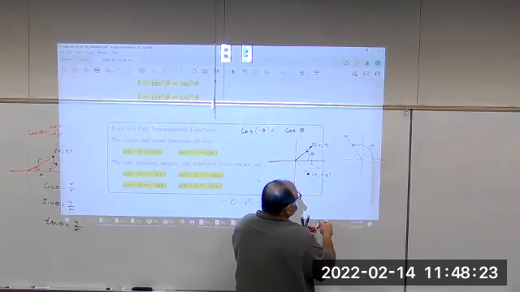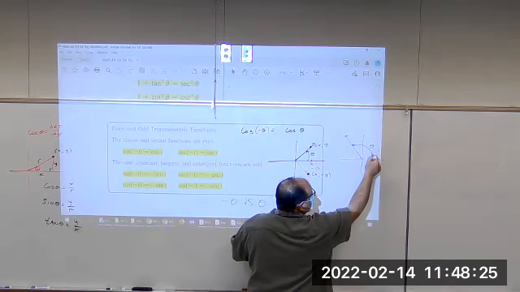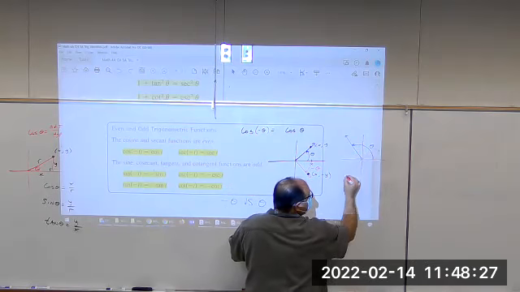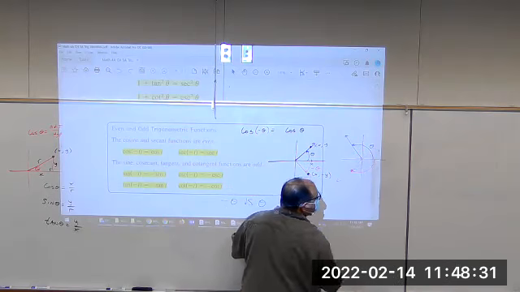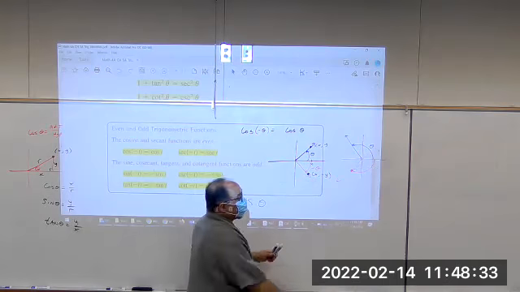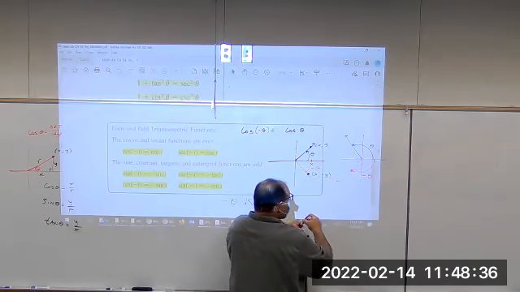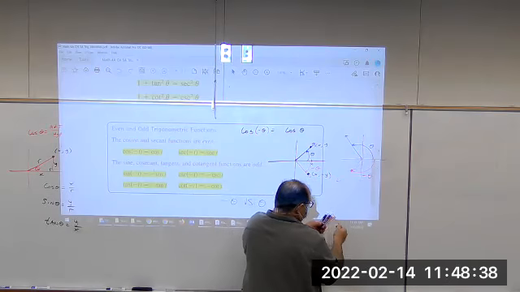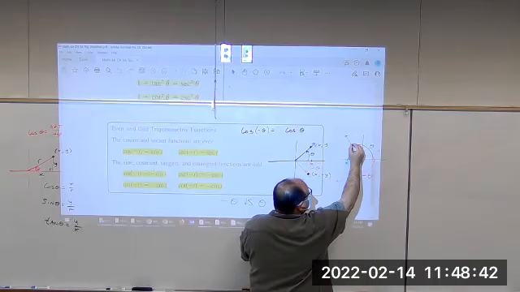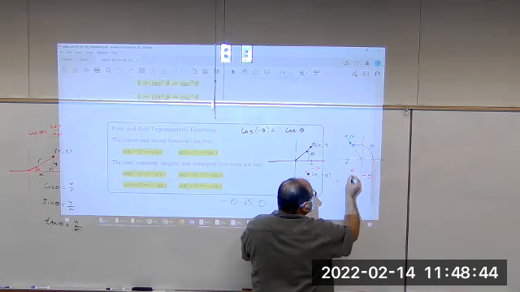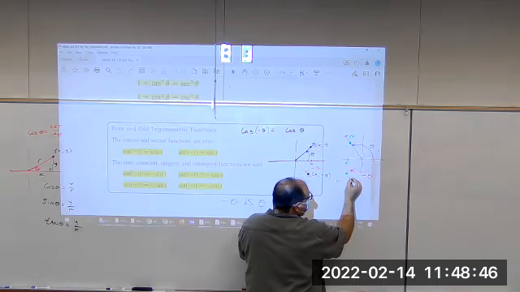Well, negative theta would have to open up the same amount, but it would have to open up into quadrant 3. And that would be your negative theta. The x over here is the same x up there as it is down here.